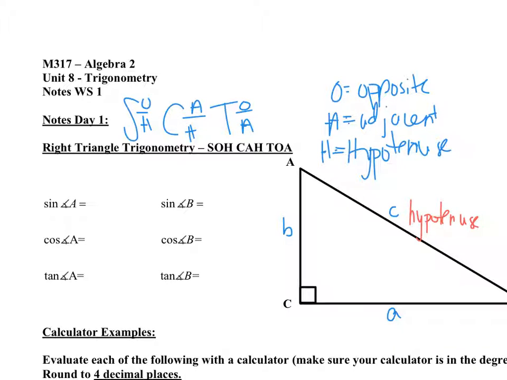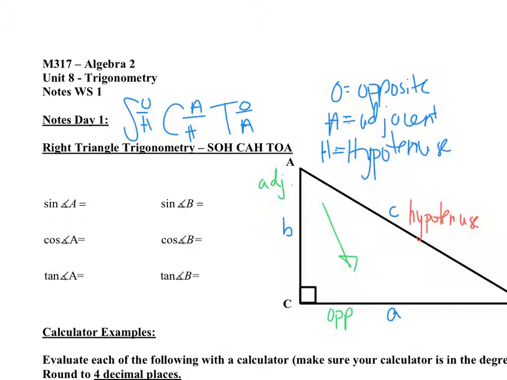Now, the adjacent and opposite sides can change depending on which acute angle you're working with. Remember that acute means less than 90 degrees, and when you're working in a right triangle, both angle A and angle B are going to be acute. Let's start with angle A first. For angle A, across from it is opposite, and right next to it is adjacent.